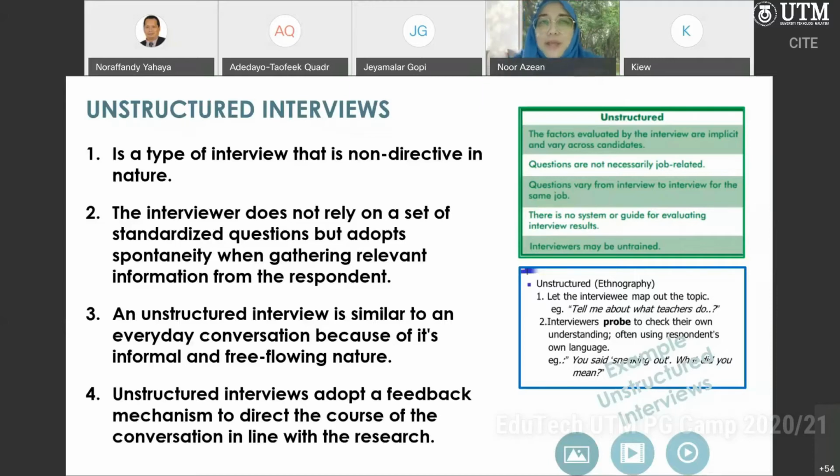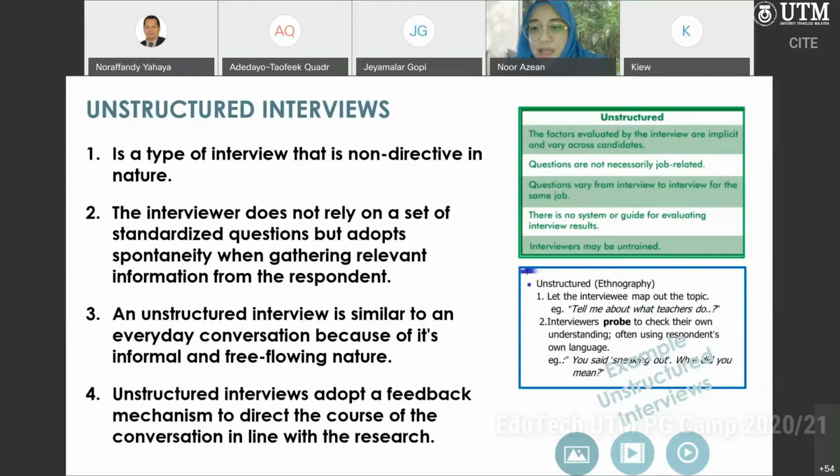Sometimes when you ask, for example, a kindergarten student, or a 60-year-old woman using technology, it's not really related to a certain item, but the unstructured, unexpected things can come up from the idea, right? So there is no system, no guide for evaluating interview results, right?